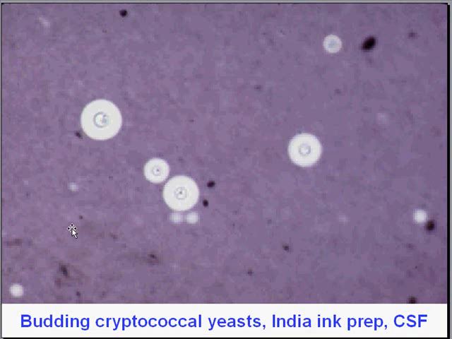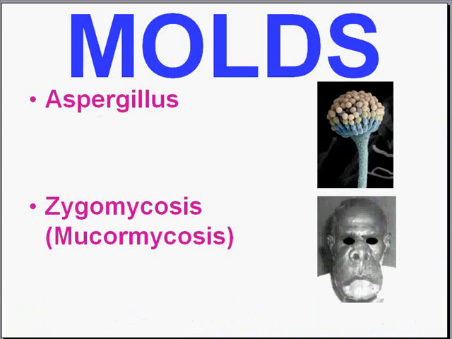And I guarantee you'll all see that in the lab one time or another, because every now and then that pops up. And if it does, chances are this patient has had some type of malignancy and they've been under immunosuppressives, or they're immunosuppressed for other reasons. The molds now, or the hyphal structures that are very common in immunocompromised patients, I could think of two that are always at the top of the list.